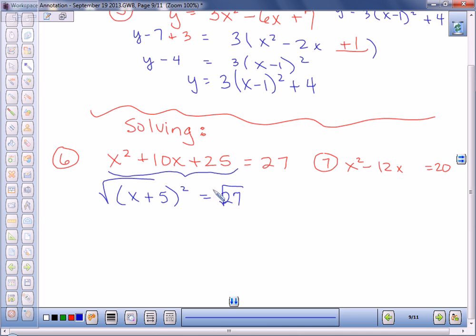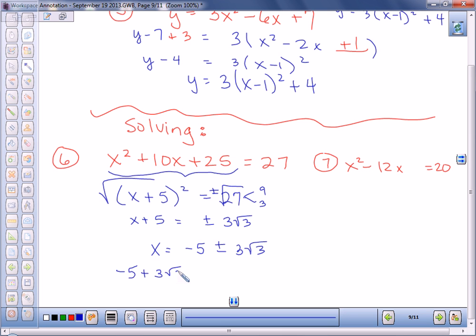So when I take the square root of that, I get 3 root 3. And then move the 5 over. Sure, I'm okay with you writing plus or minus as long as you understand that it means these two answers.